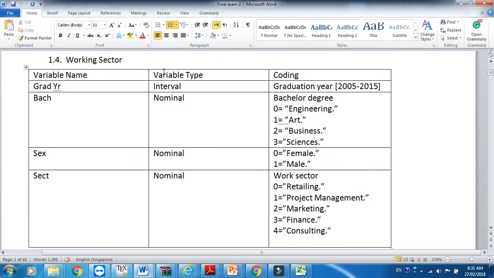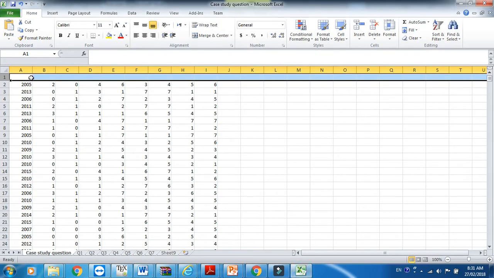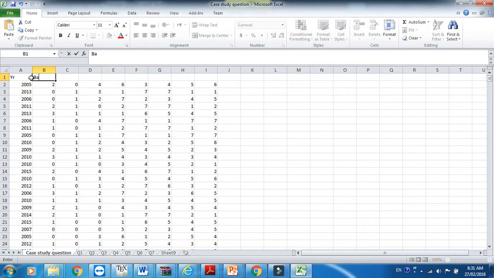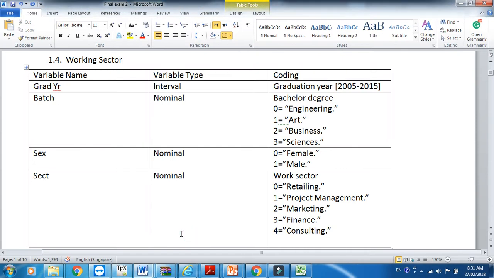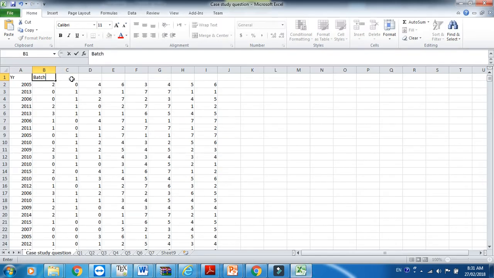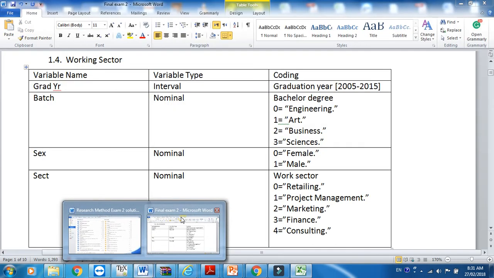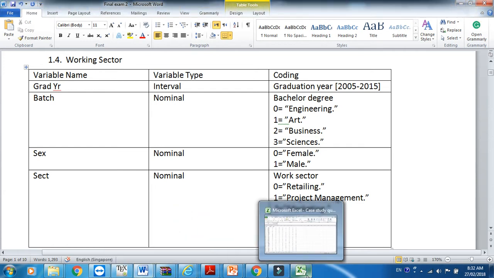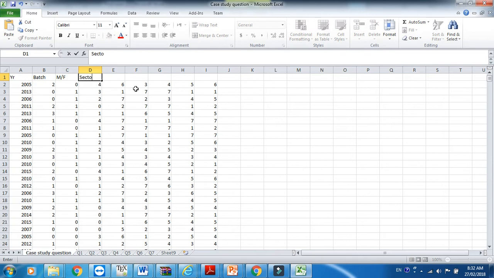The first few columns are graduation year, batch, and the bachelor degree, then gender, male or female, and then sector, where the student used to work.